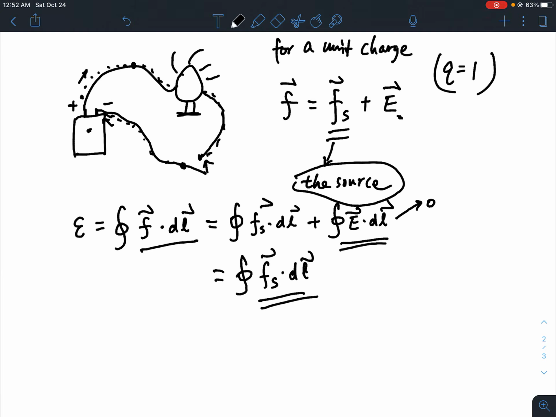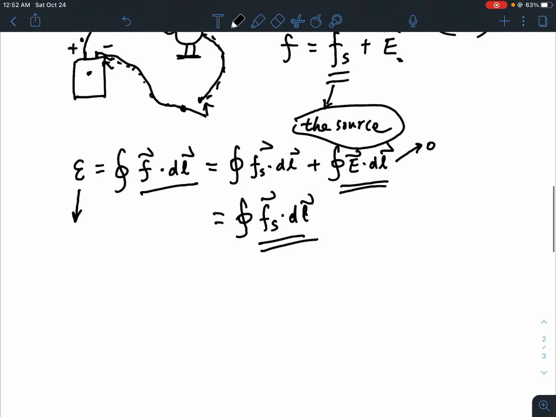At the end, it just equals the work done by the force that is due to the source. This epsilon, as I call it here, is called the electromotive force, sometimes also written as EMF.